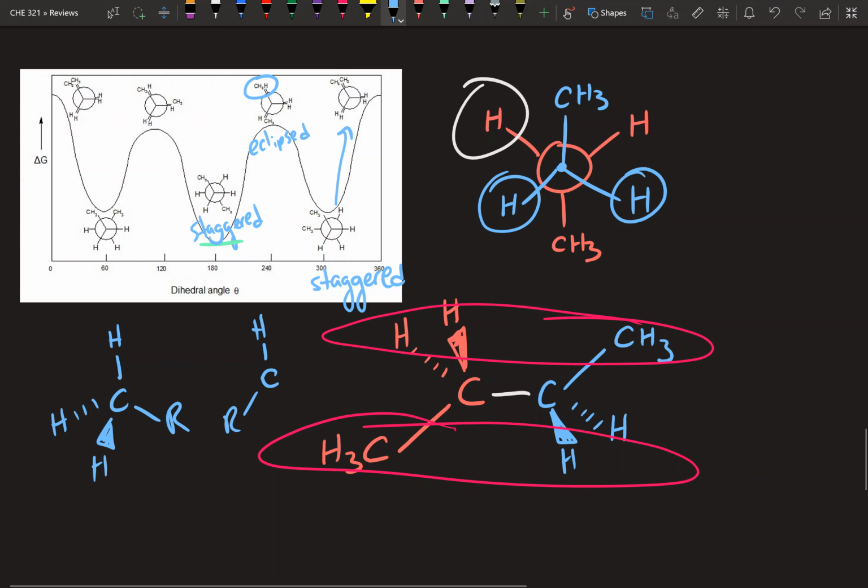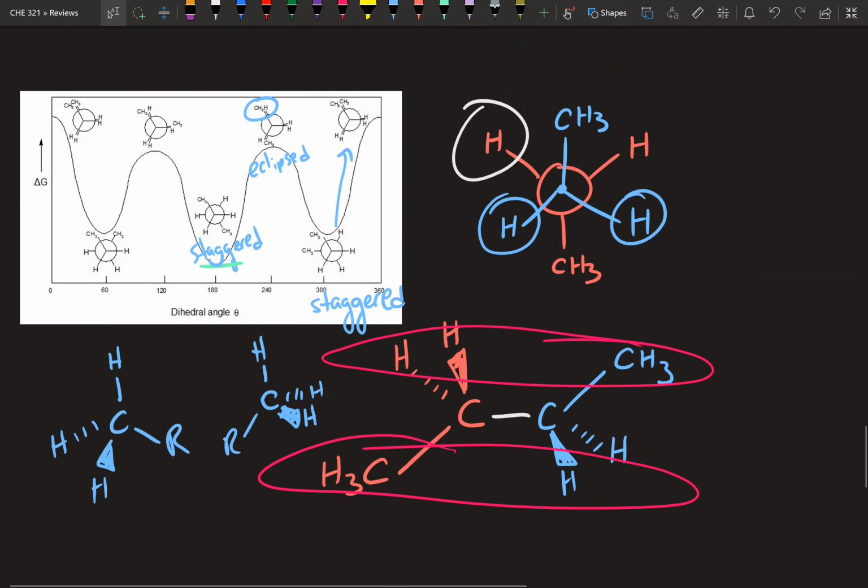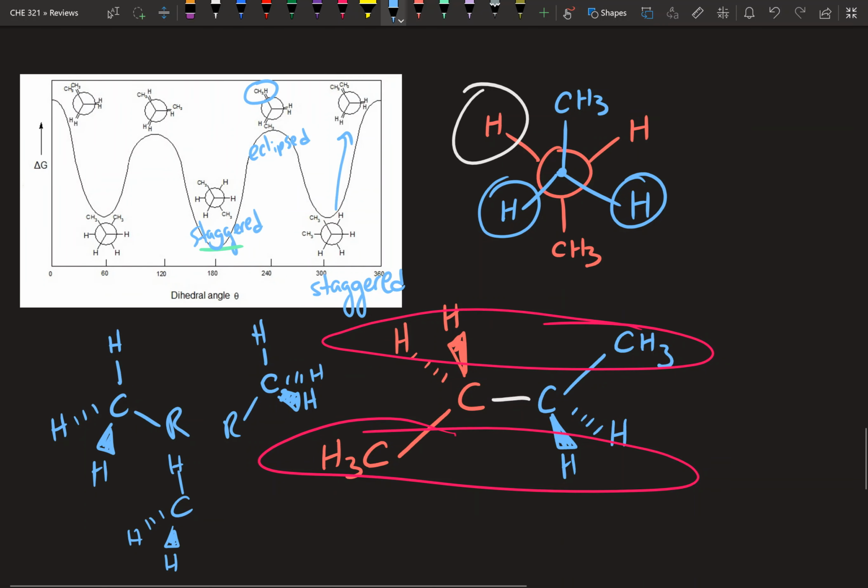So we have some R, H, and then that H. They're going to be interacting a lot heavier than, let's say, this with an H group. If I had this R with just one hydrogen, there isn't going to be as much interaction between these two. That's why the larger your groups get, the more destabilizing those interactions are.